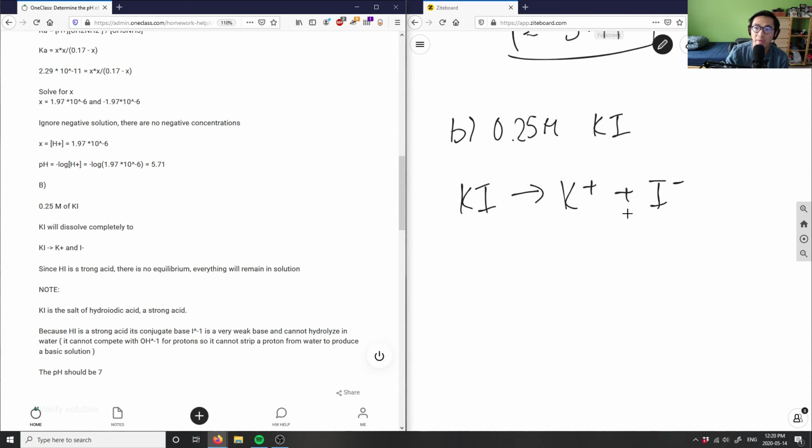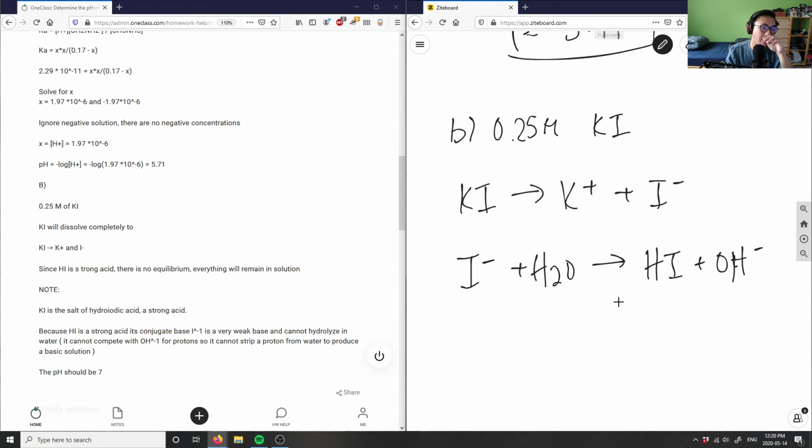And then my HI is going to react with my water, right? This iodine is going to react with my water, and I'm going to form, again, this here would be HI plus OH minus. And this is not in equilibrium because HI is a strong acid, right? This guy here is a strong acid.